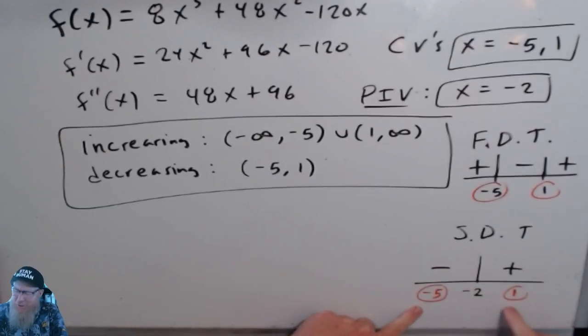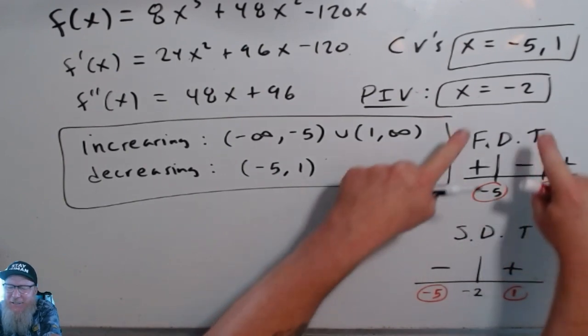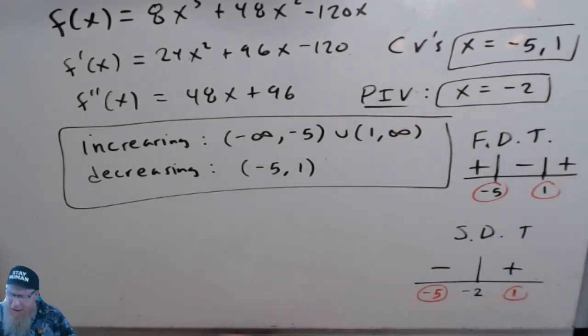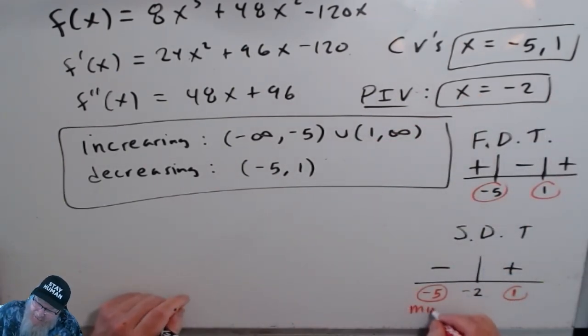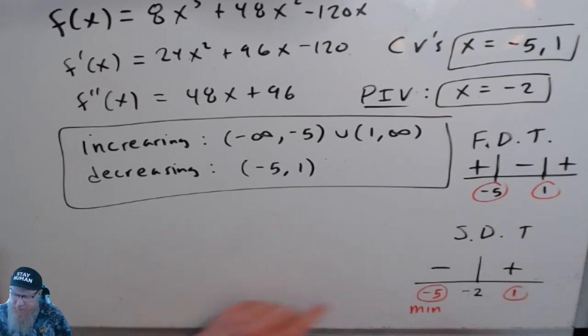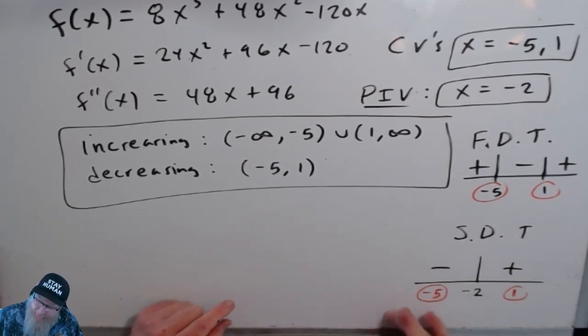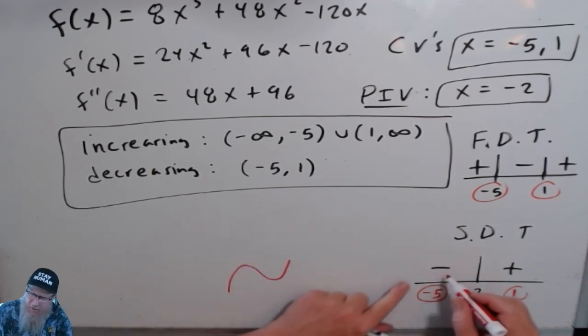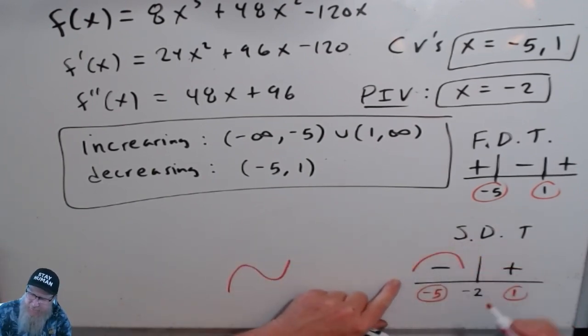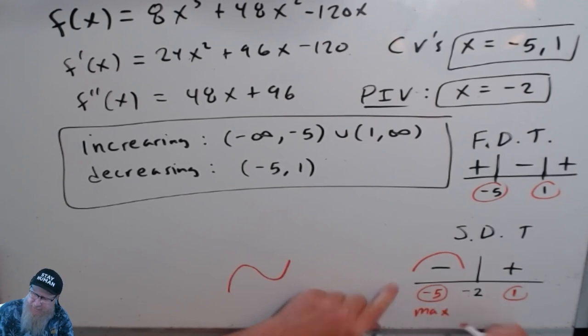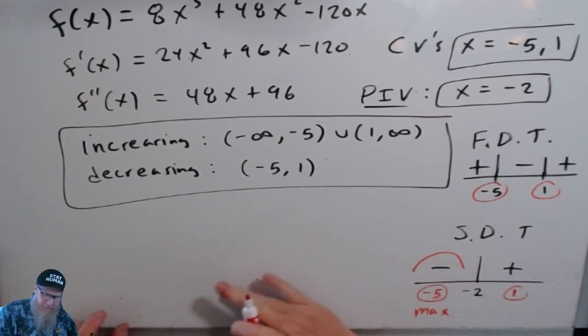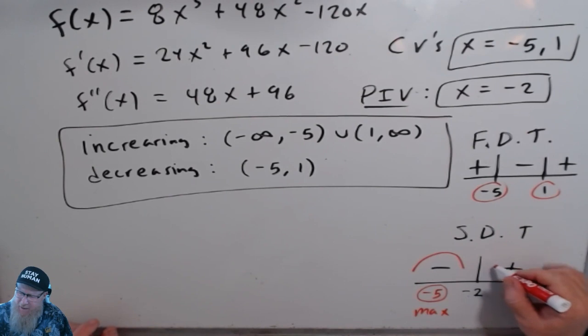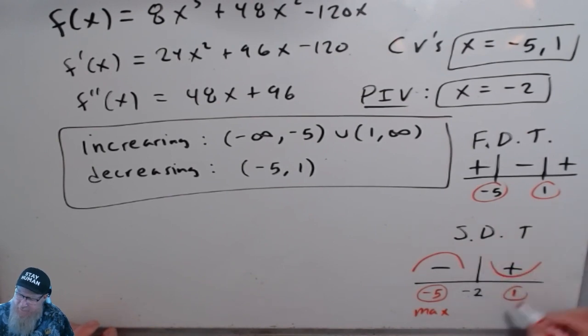So use the critical values in the second derivative test, and that will tell you that this is a min. Sorry, this is a max. Concave down. So this is a max. I like to draw the little hump. Concave up. So this is a min.